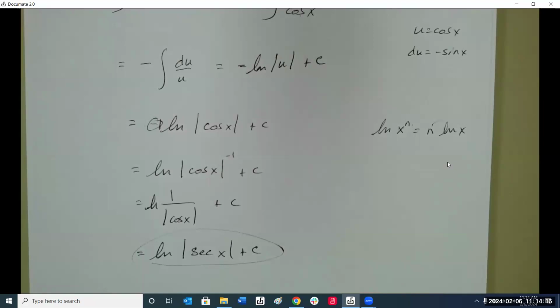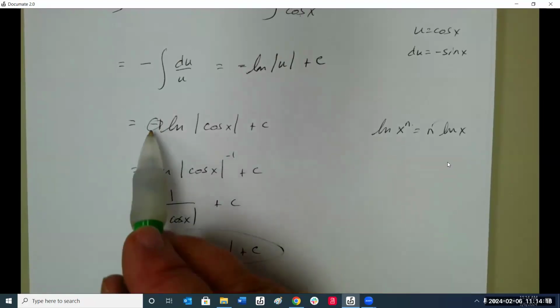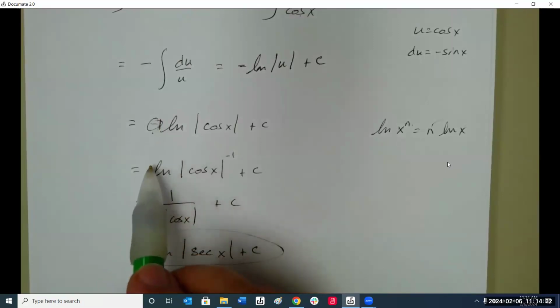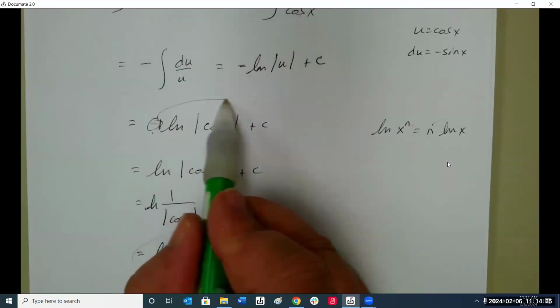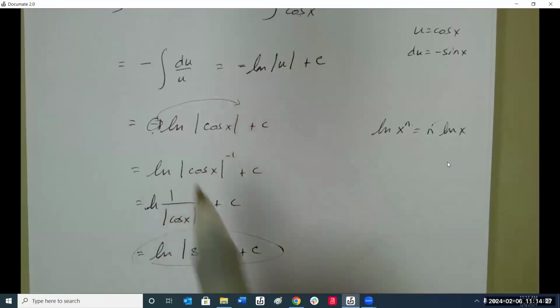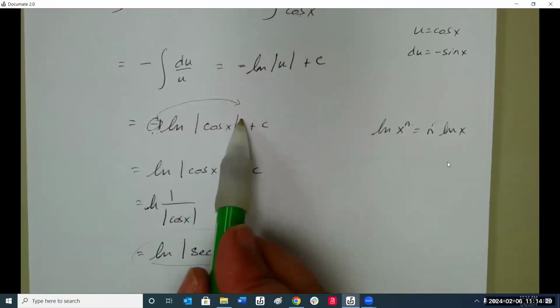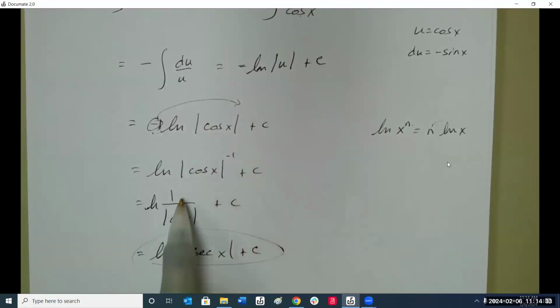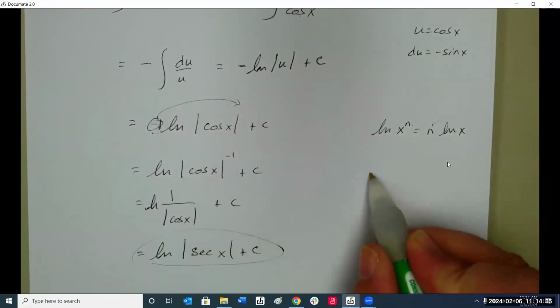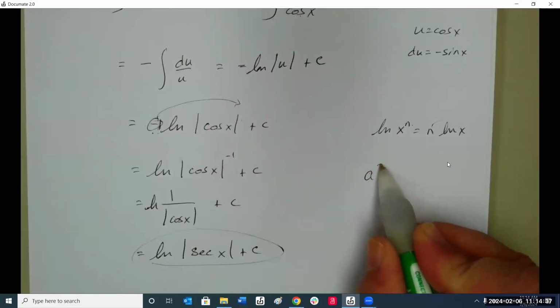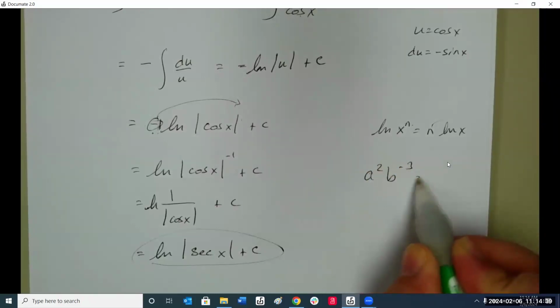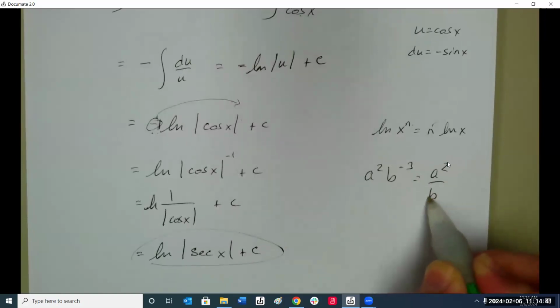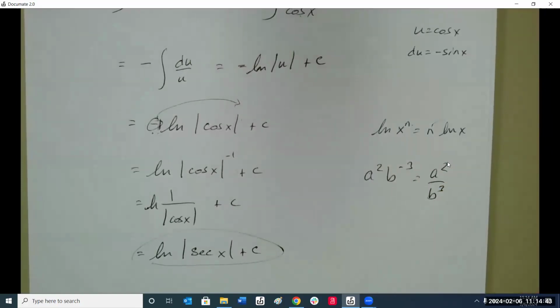You see where I got the negative though, right? Yeah, I see where you got the negative from, and then you made the exponent positive by bringing the whole thing down and putting a one above it. Yeah, I made that coefficient into an exponent, and then one. And so now this part goes on the bottom of the fraction. So if we had a to the power 2 times b to the power -3, it would be the same as a squared over b cubed.